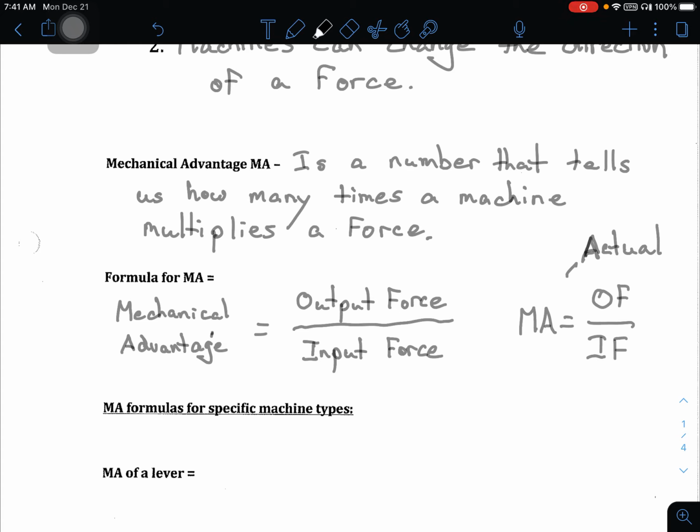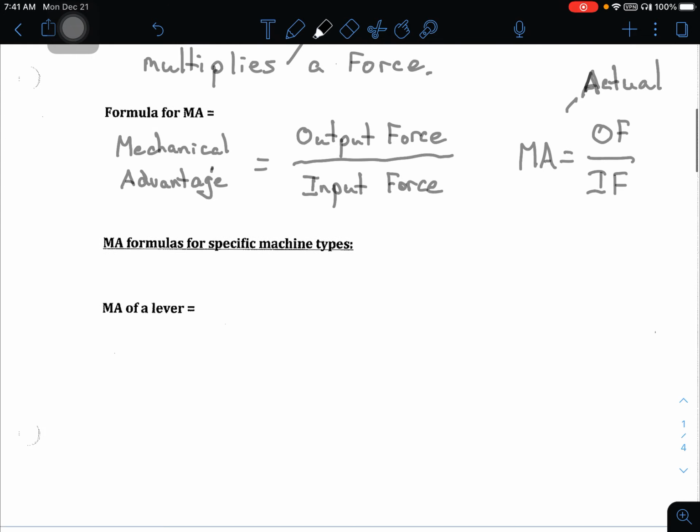Now, if you think about the specific types of simple machines, levers, pulleys, wheel and axle, incline plane, screws and wedges, they all create a mechanical advantage, but each one does so in a little bit of a different fashion. And so each of those machines has its own formula to calculate mechanical advantage.